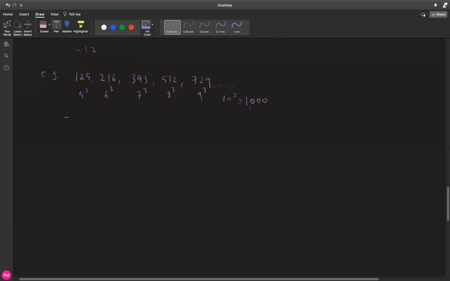A related problem to this: let's say the sequence is denoted by a sub 1, a sub 2, dot, dot, dot. How do you determine a sub n? In other words, how do you find the explicit formula?